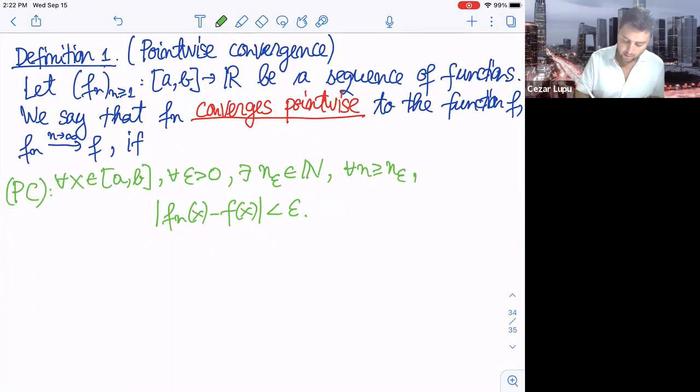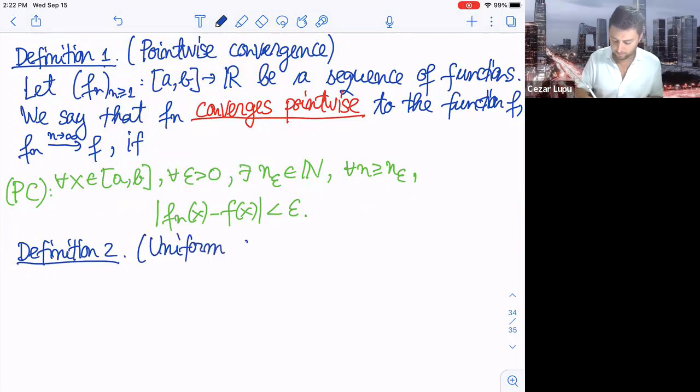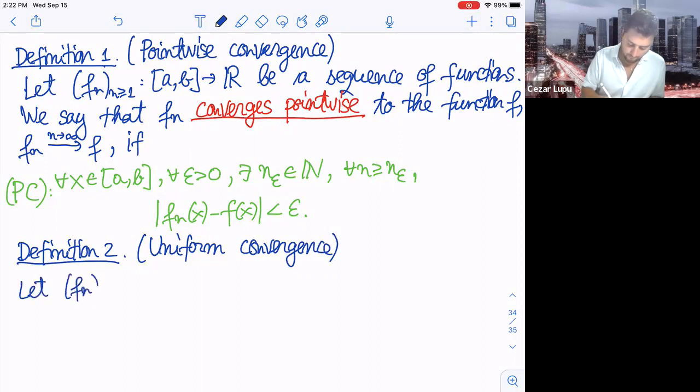All right, now let's write a definition for the uniform convergence. And we would like to see the difference between the two. So now, in the same way, let me consider f_n, a sequence of functions.